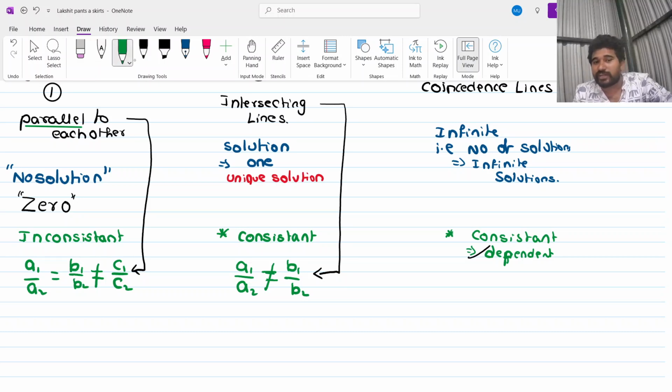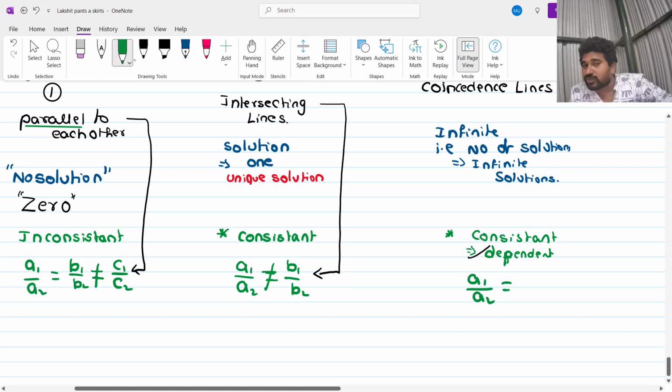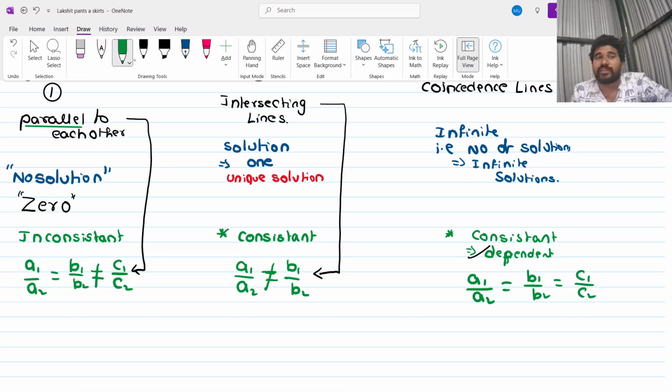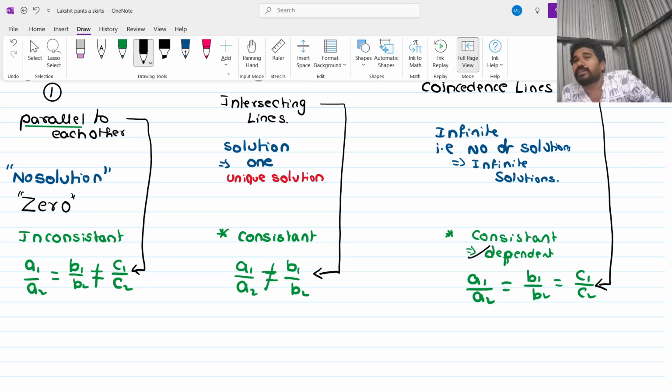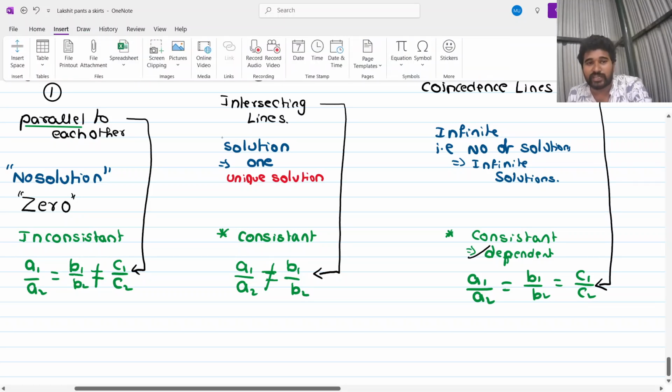Now we will see the final condition. What is the final condition? Here A1 by A2 should be equal to B1 by B2 should be equal to C1 by C2. Then what do we call them? The lines are said to be coincident lines.